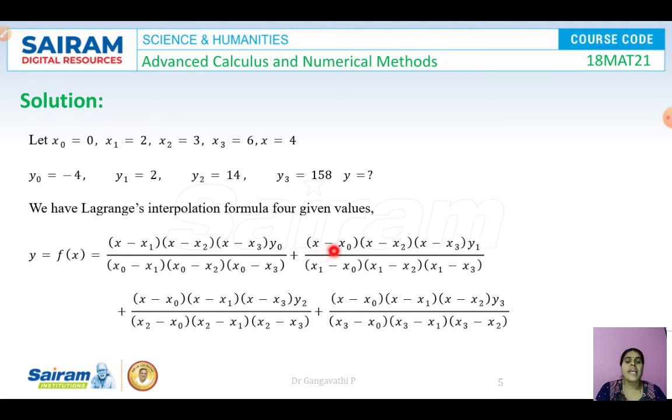The second term: x minus x0, x minus x2, x minus x3 by x1 minus x0, x1 minus x2, x1 minus x3, multiplied by y1. Then x minus x0, x minus x1, x minus x3 by x2 minus x0, x2 minus x1 and x2 minus x3, multiplied by y2, plus x minus x0, x minus x1, x minus x2 by x3 minus x0, x3 minus x1 and x3 minus x2, multiplied by y3. The last value of y given is y3, so we stop the formula at this stage.